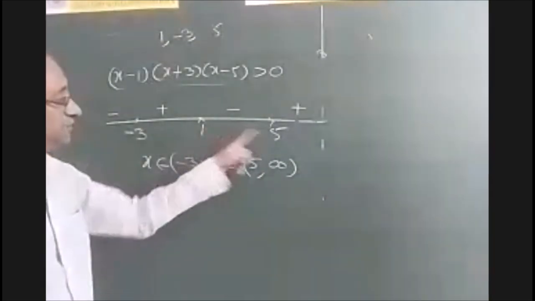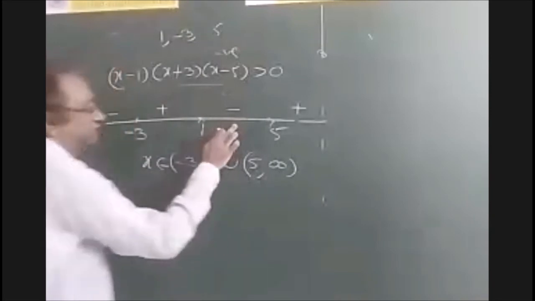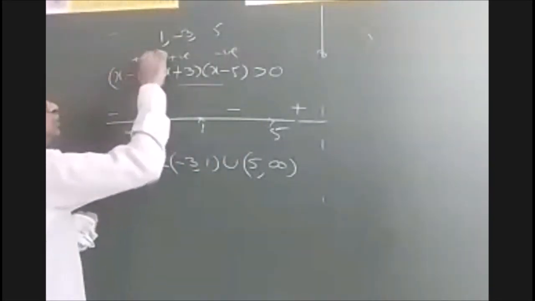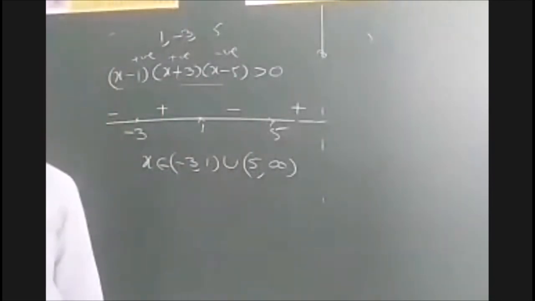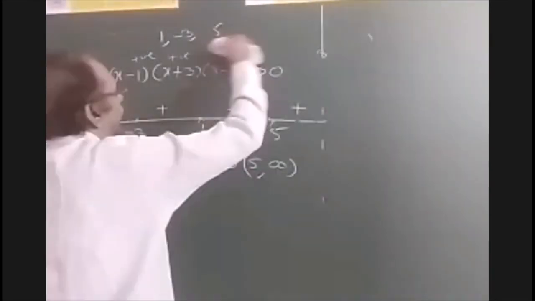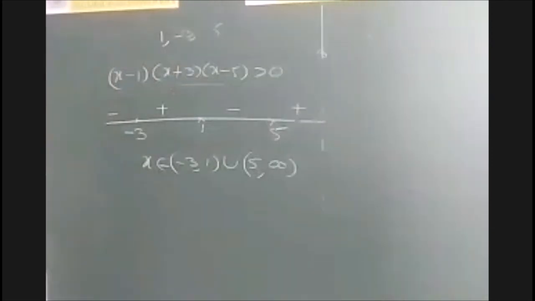If you take a number x less than 5, that factor will be negative, but x is greater than 1 and greater than -3, so these two are positive. Therefore plus into minus is clearly less than 0. You can think like that, but this is a very easy method called the Wavy curve method.